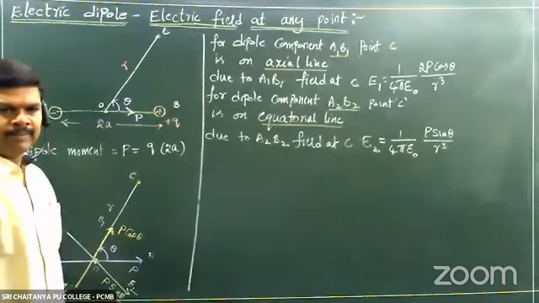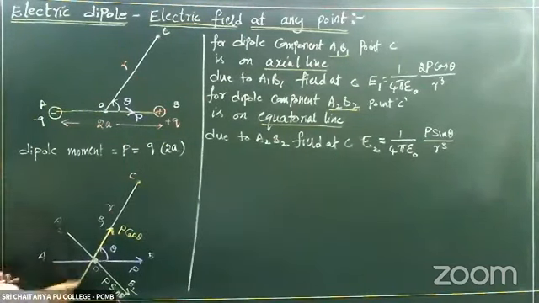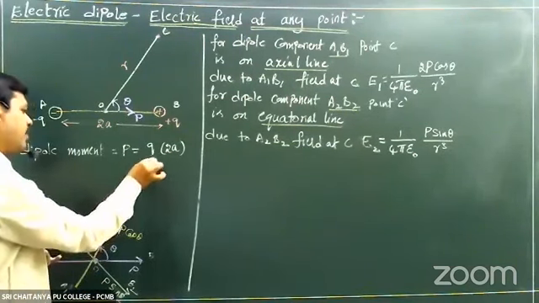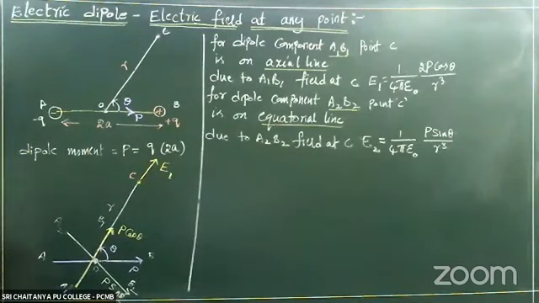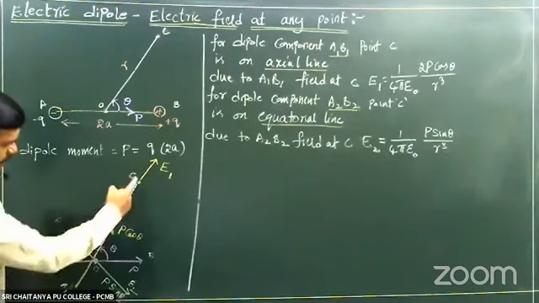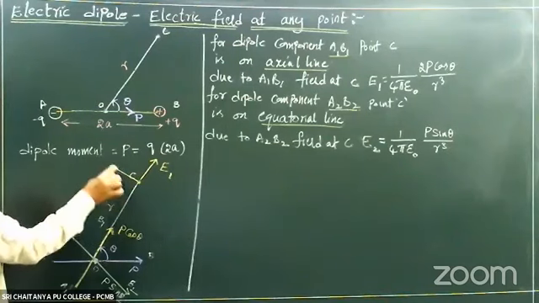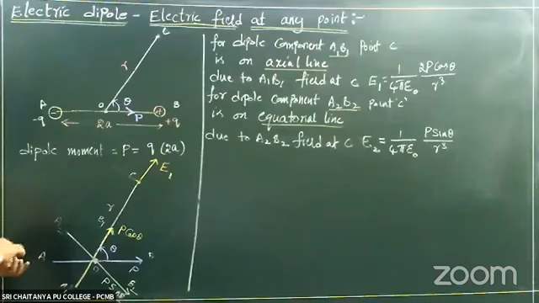Clear? Now, what are the directions? Due to this dipole, it is on axial line, so the direction is away from it. So this is E1 direction. For this dipole, it is on equatorial line. We know it is anti-parallel, non-collinear.